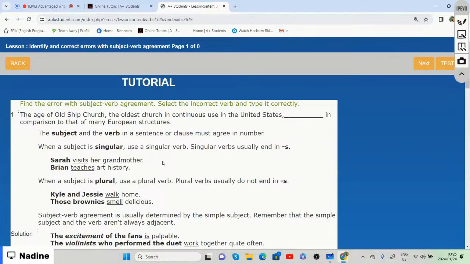Sarah being a singular subject and visits being a singular verb that ends in S. Brian teaches art history. So Brian being a singular subject and teaches being our singular verb that ends in S or ES.